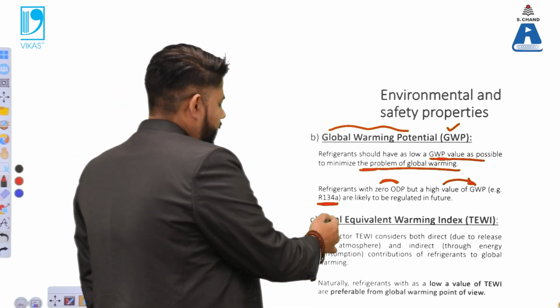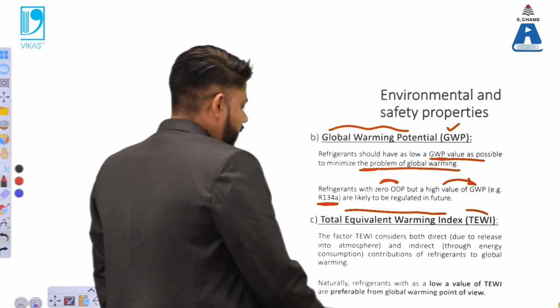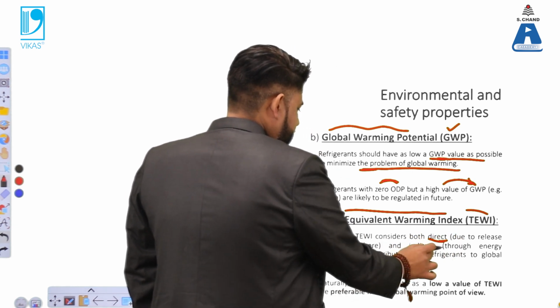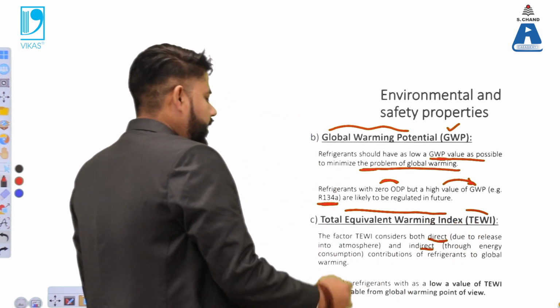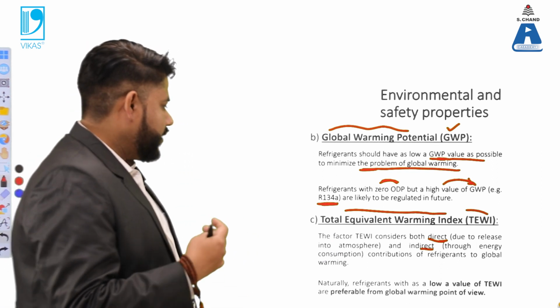Another parameter is the total equivalent warming impact, TEWI, which is considered to be both direct and indirect. What comes under direct? It is what the refrigerant releases into the atmosphere.